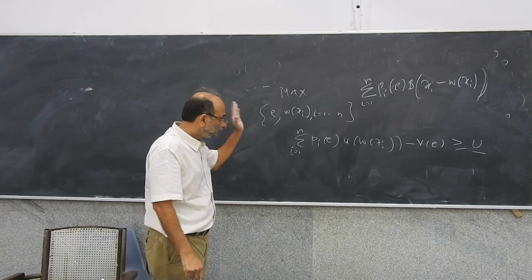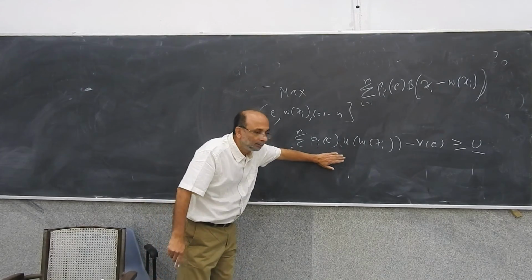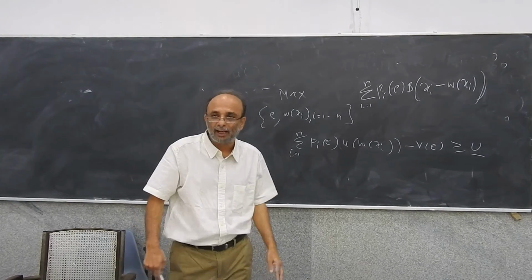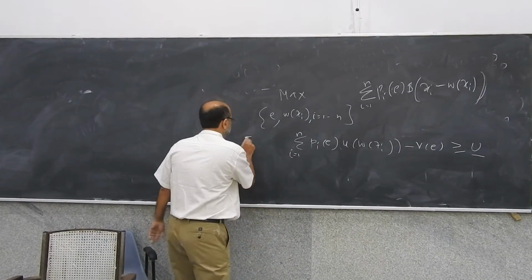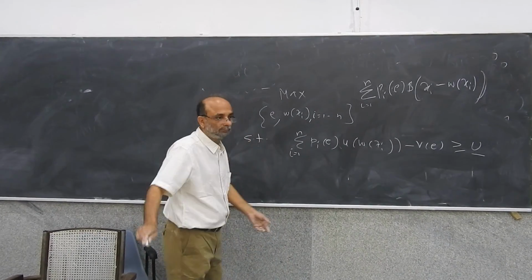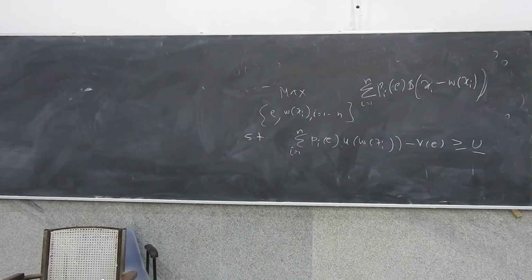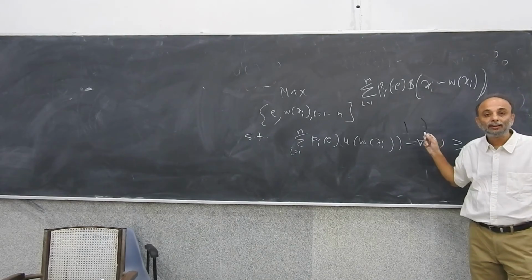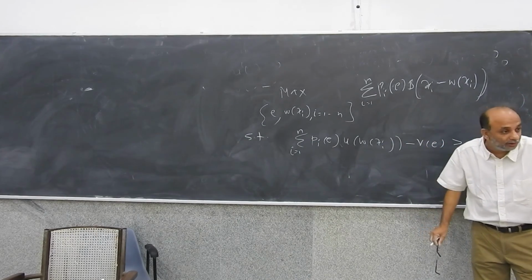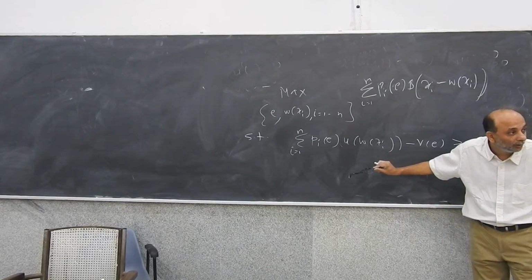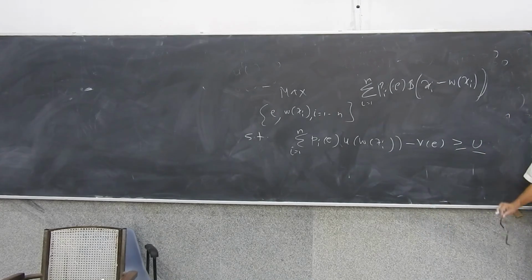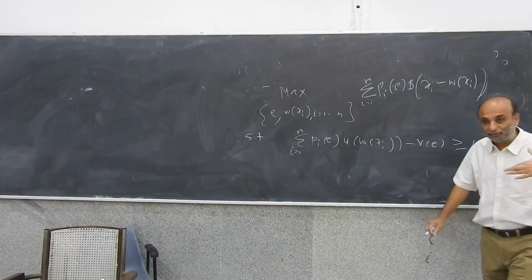So what is the last line saying? Expected utility to the agent. The expected utility to the agent must be greater than or equal to the minimum utility for which the agent will come to work. This is called the participation constraint.